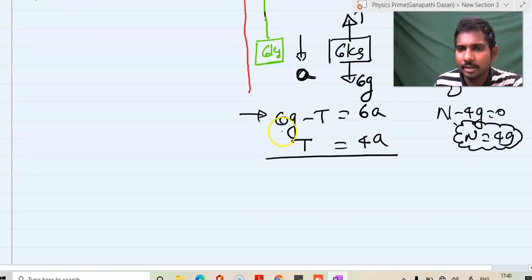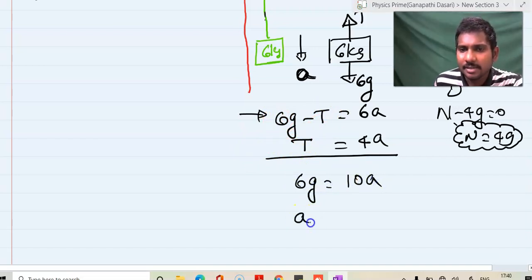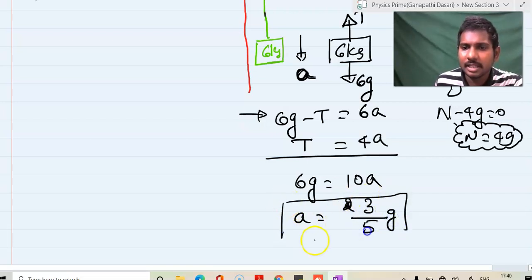If we add both equations to cancel out T, 6g is equal to 10a, that means acceleration is equal to 3 by 5 g, that is 30 by 5. If we consider g as 10, that is 6 meters per second square.